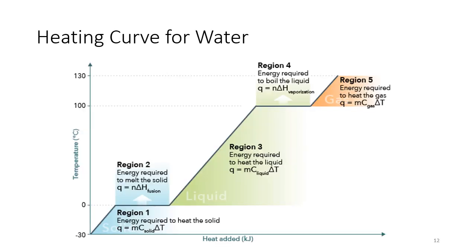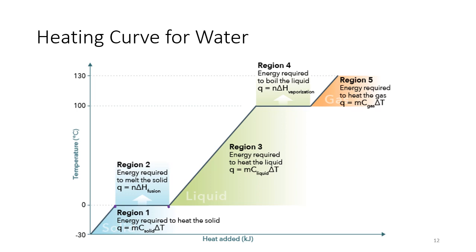For a heating curve, at most we could have 5 regions that our substance goes through. We saw that region 1 was the energy required just to warm the solid up. And then for water, since that was its melting point from 0 degrees Celsius, we could have solid water melting to liquid water in region 2. Fusion would be taking place.